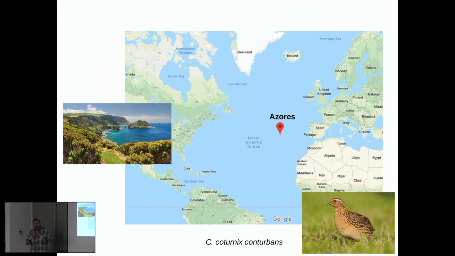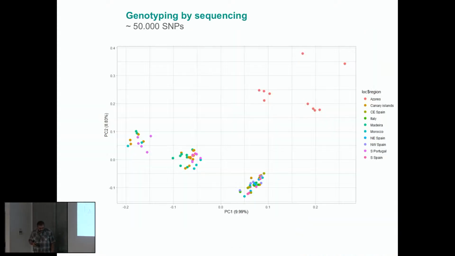There, people are already saying that quails are different, have a different morphology, and they call it a different subspecies. If we look at that data, we do something equivalent to a principal component analysis, and we can see those 80 quails that we have been discussing so far, the ones without the inversion, the ones with the inversion, the heterozygotes, and the Azores quails.